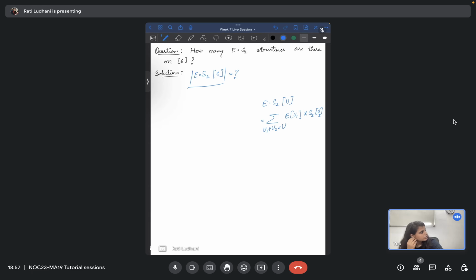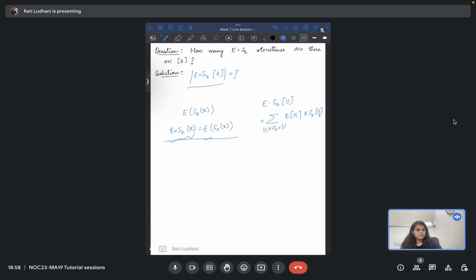What was the formula? E of S2 of X you can do, sorry, not this. So this is equal to this value. This is for the exponential generating function, and when you get this value, you can write it as the sum and do what you want.